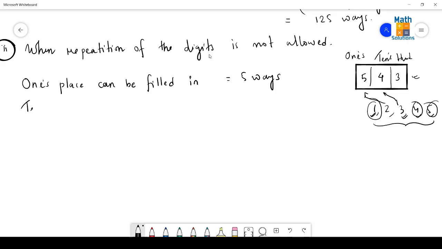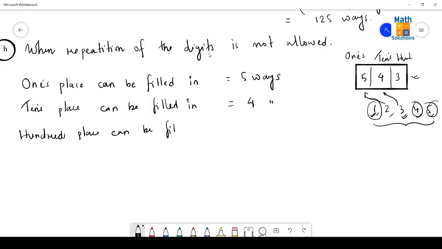Then after, tens place can be filled in how many ways? 4 ways. Then hundreds place can be filled in 3 ways.